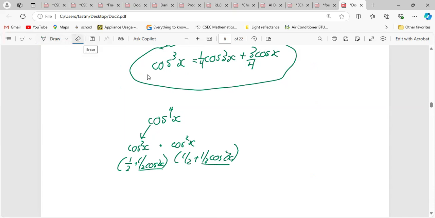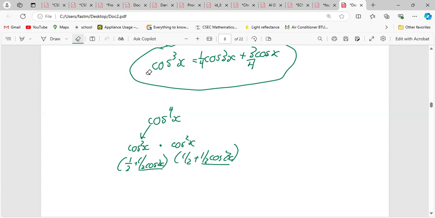If it's a midterm, and she brings this, you're going to take at least 5, 6, 7 minutes just to break this down. So she will keep it at cos cubed. If she brings this, it has to be for a final exam, and the question has to be for 25 marks or 30 marks or so, because just breaking this down would take a while.